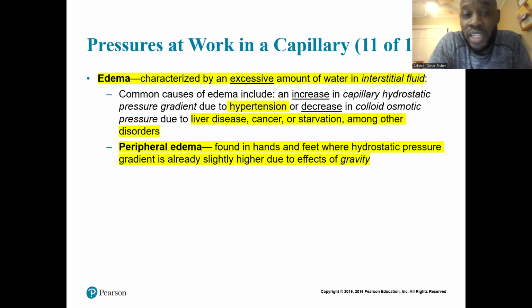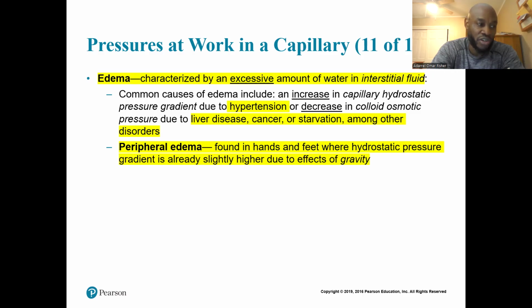Edema, or swelling, is characterized by an excessive amount of water in the interstitial fluid, the fluid that exists in the tissues and around the cells. One of the common causes is hypertension. Now think about that. Hypertension, high blood pressure, means an increase in hydrostatic pressure.